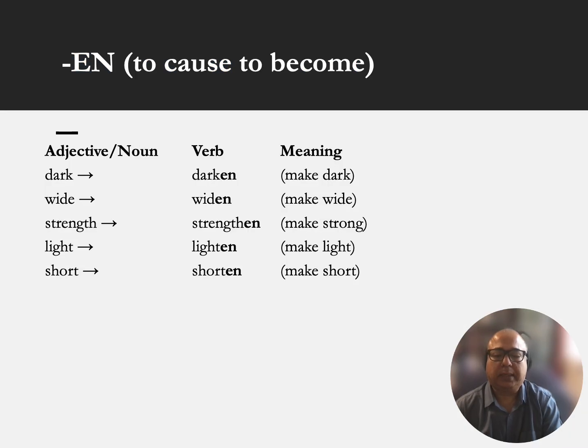Okay, the second verb suffix is -en, to cause, to become. So in the left column, you see adjectives and nouns: dark, wide, strength, light, and short. And the suffix -en is added to the end of the word.